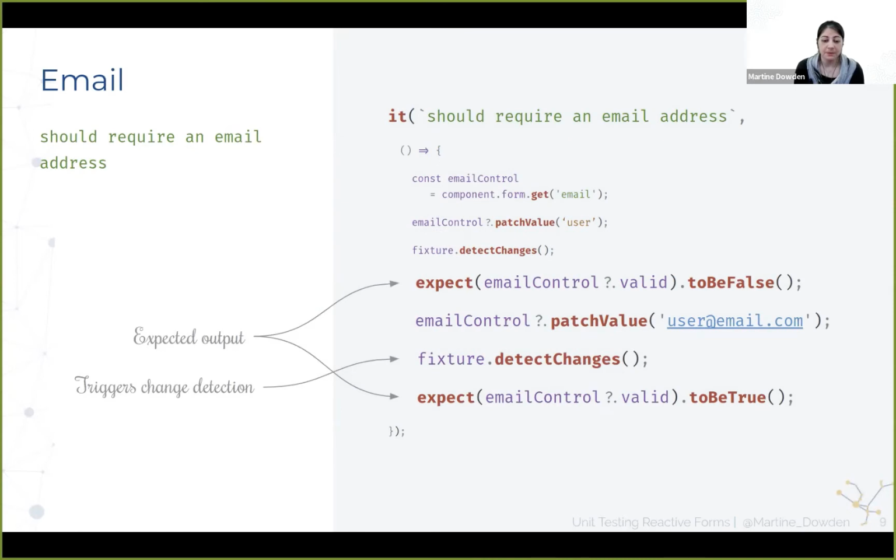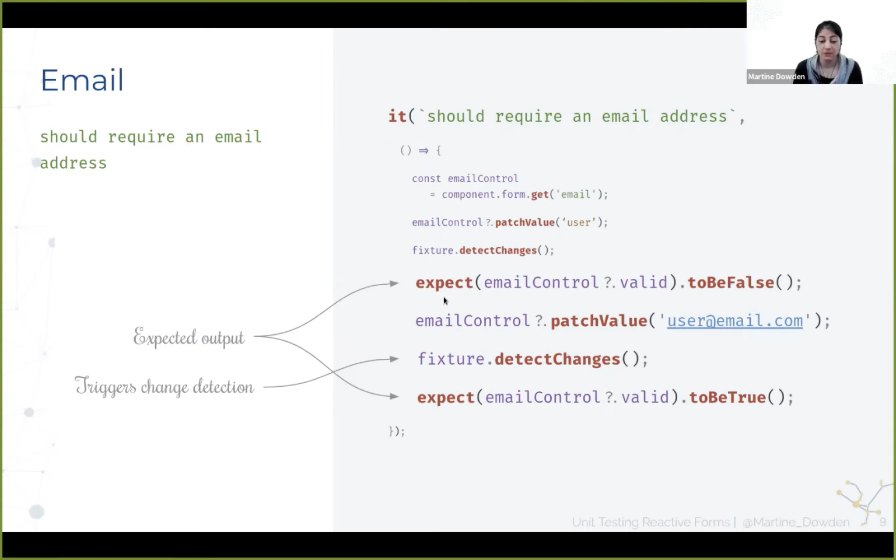Now, we're going to be doing this a lot, because we can test multiple aspects of it. We still have this first one, which is the same that we had before, where we check just passing in user, and we expect it to be false. We can patch in an actual email address that should pass and expect it to be true.